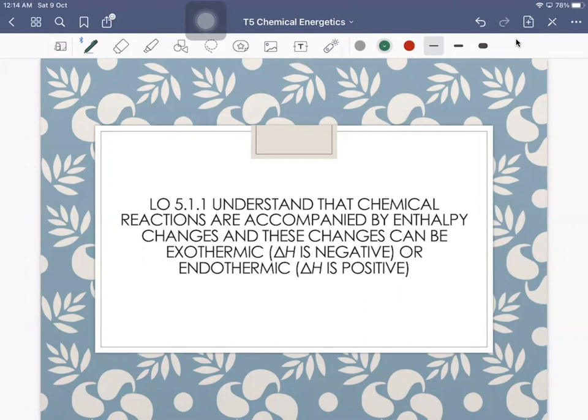Okay, so energetics will look at the enthalpy change, delta H. The first learning objective that we're going to look at is to understand that chemical reactions are accompanied by enthalpy changes, and these changes can be exothermic, delta H negative, or endothermic, delta H positive.